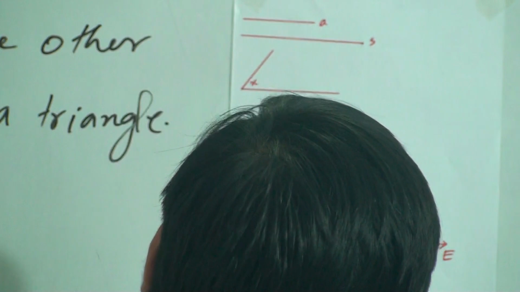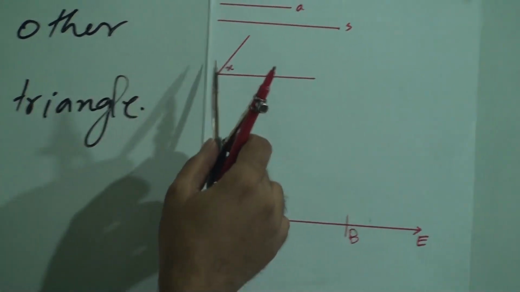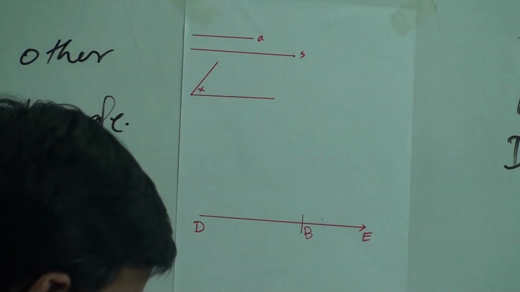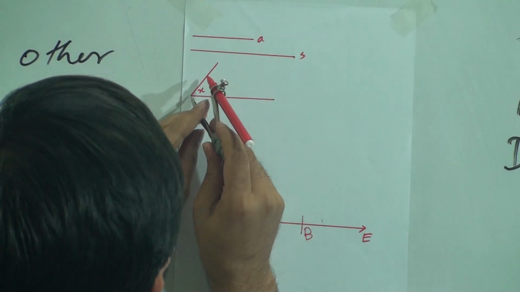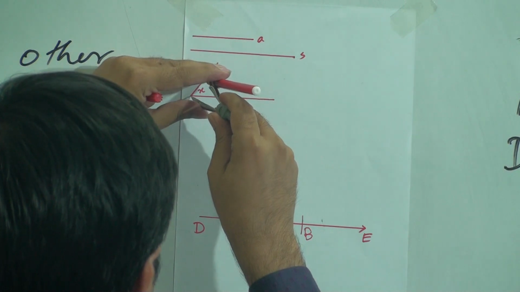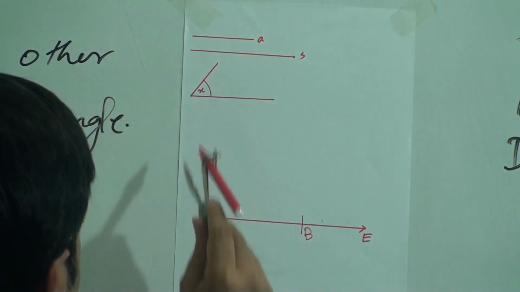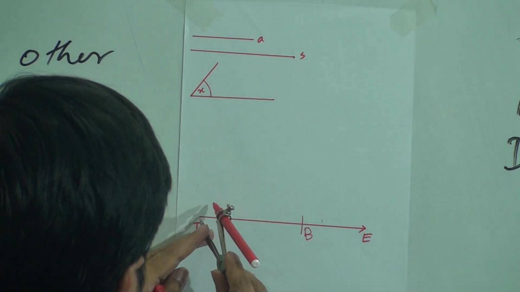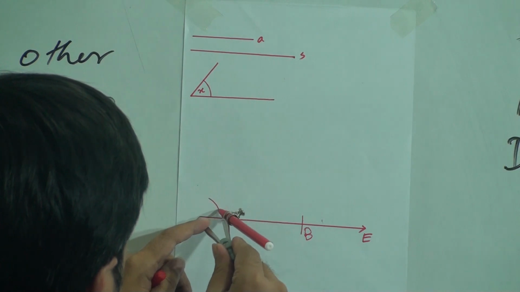This is DB. Now we need to draw half of the angle X at D. To draw half of the angle X at D, at first we have to bisect the given angle X. As we need to draw the angle here, we can take the arc here also.